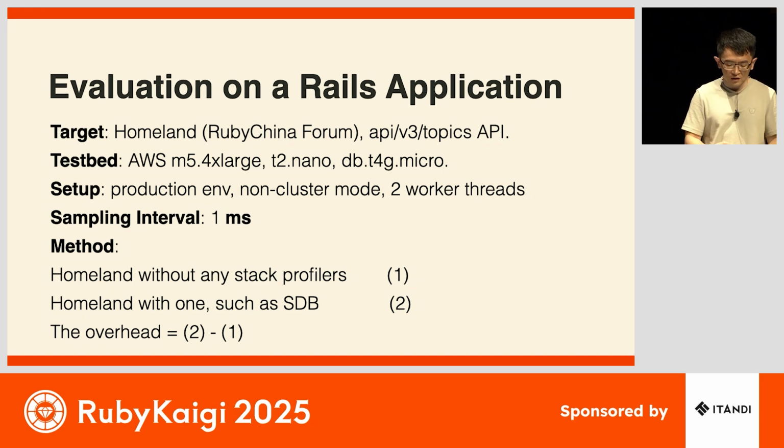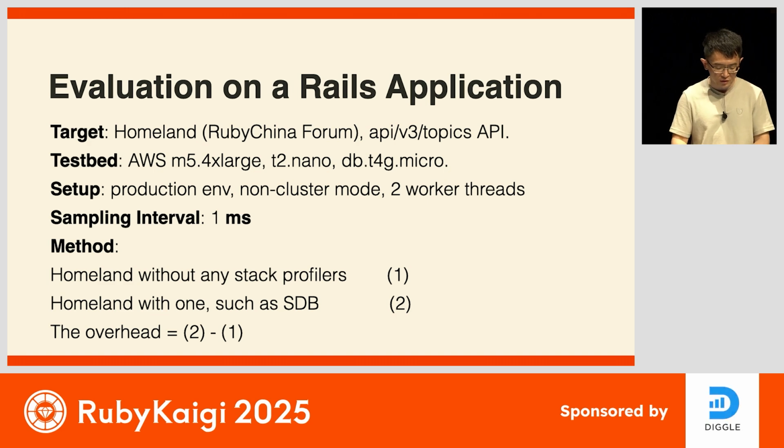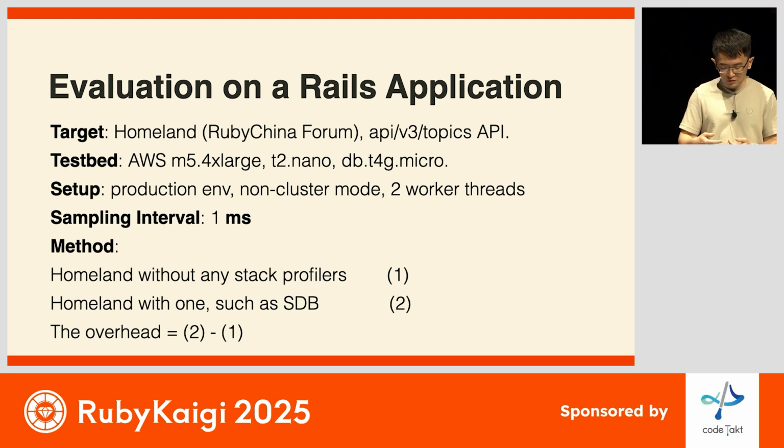I ran it on an AWS machine and used different DBs and different thread settings. And here is the setup. I picked the sampling interval as 1 millisecond. The reason is that Homeland's latency is larger than 30 milliseconds, so a 1 millisecond sampling interval is quite enough for it. And the measurement method is quite simple.